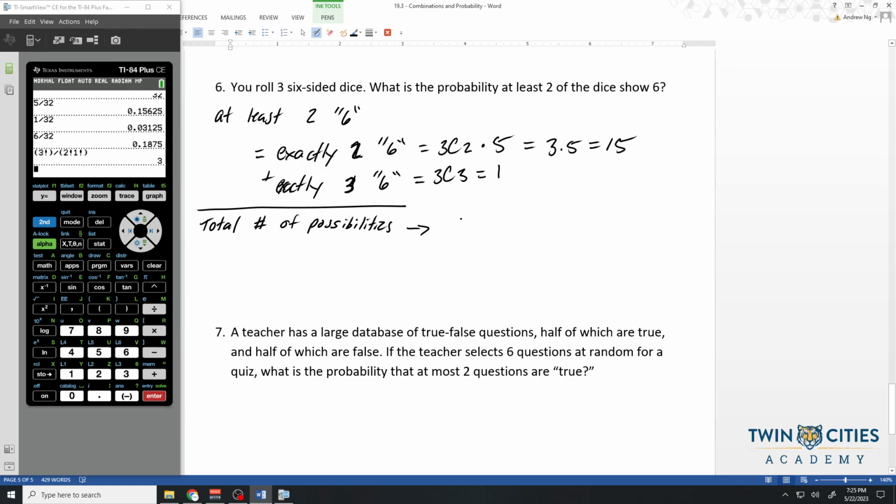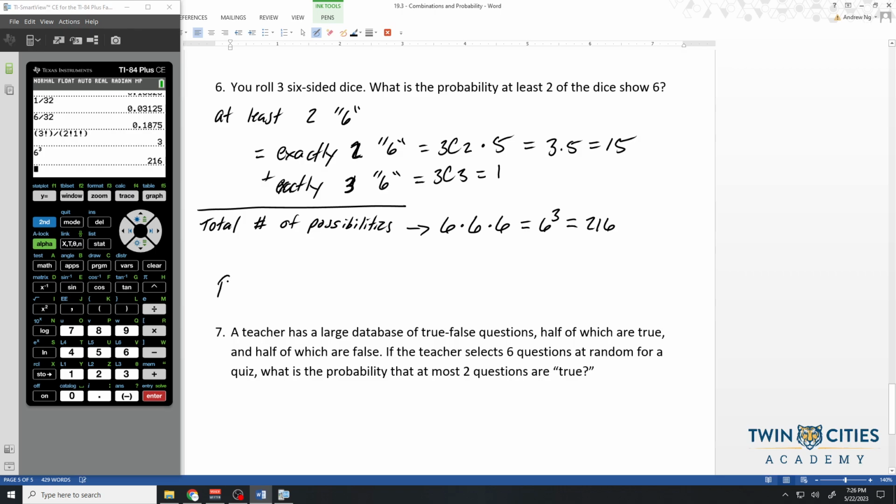So for this part, the first dice, I could have 6 things happen. A 1, 2, 3, 4, 5, or 6. And for the second dice that I roll, 6 things could happen. And means multiply. And for the third dice, I could have 6 things happen. So 6 times 6 times 6. This is the same as saying 6 to the third power. 6 to the third power is 216.